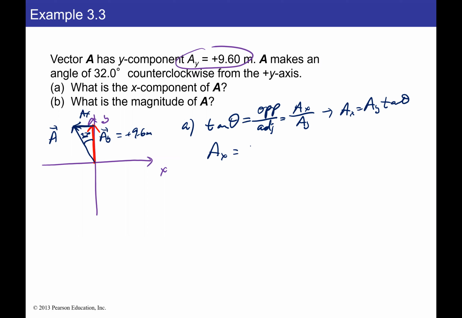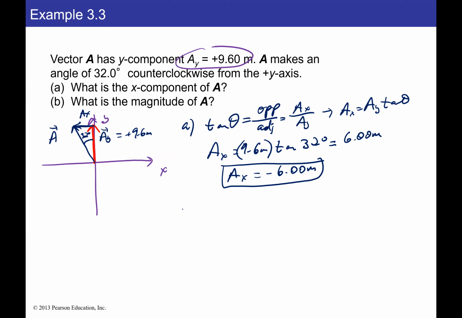The y component is 9.6 meters, then tangent of 32 degrees. If I do that calculation, I'm going to get 6 meters. All right, but I know one thing, that the x component is pointing to the left because it's the second quadrant. So technically then I put negative 6 meters.